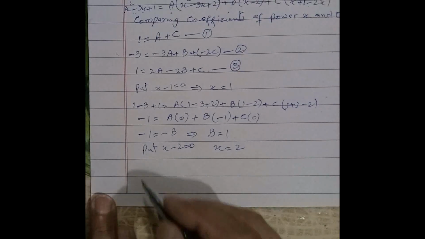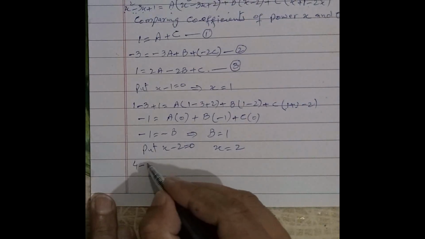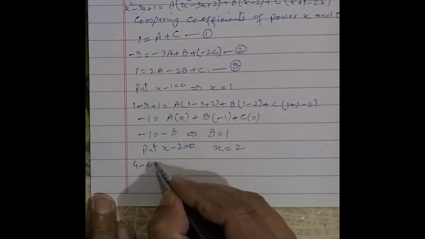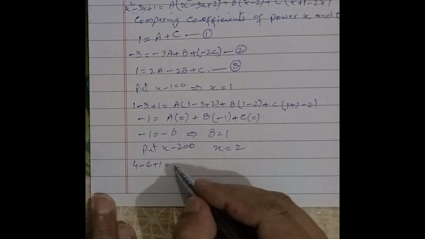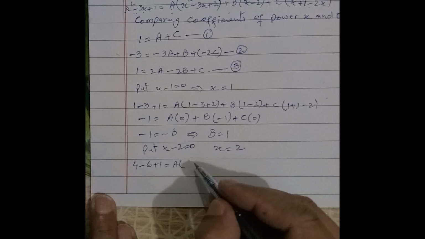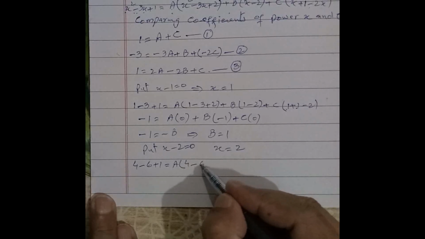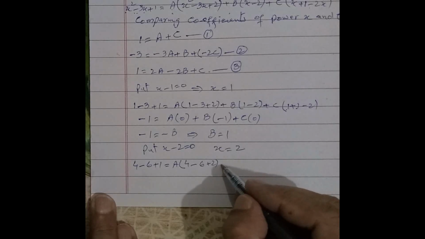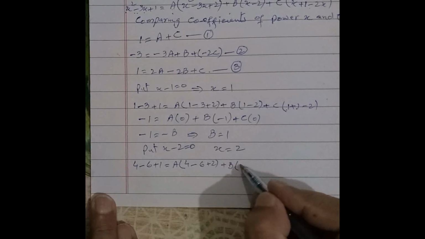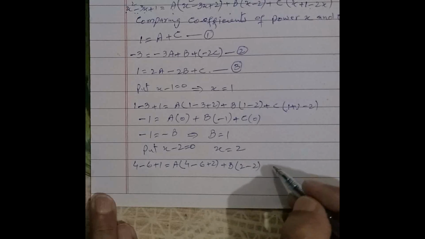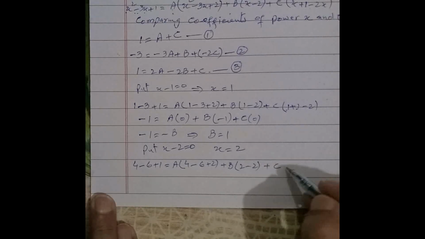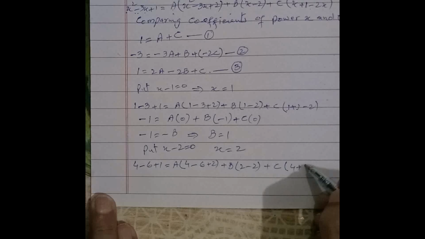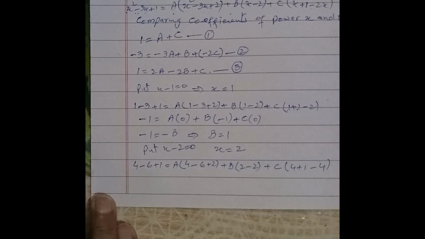We get 4 minus 3 twos are 6 plus 1 is equal to a into 4 minus 6 plus 2 plus b into 2 minus 2 plus c into 4 plus 1 minus 4.